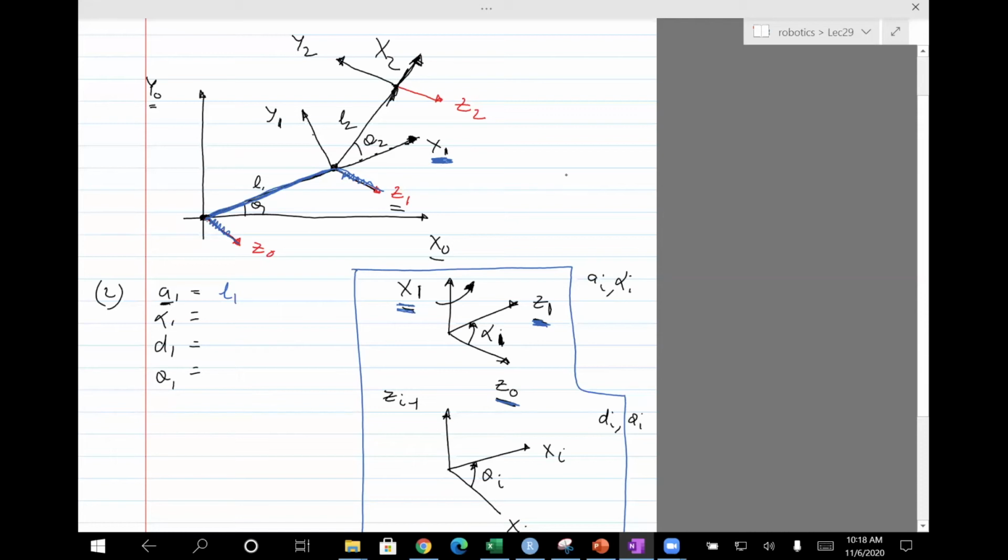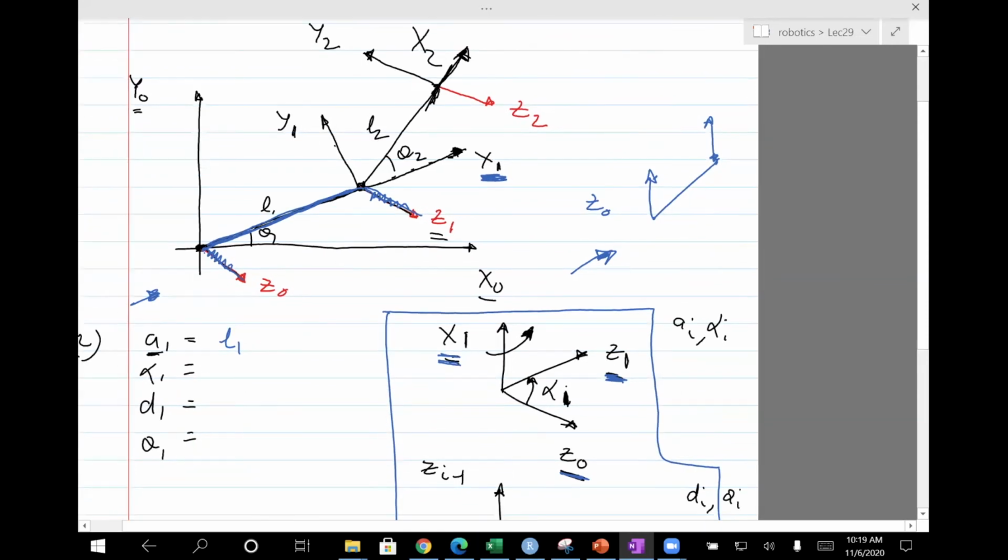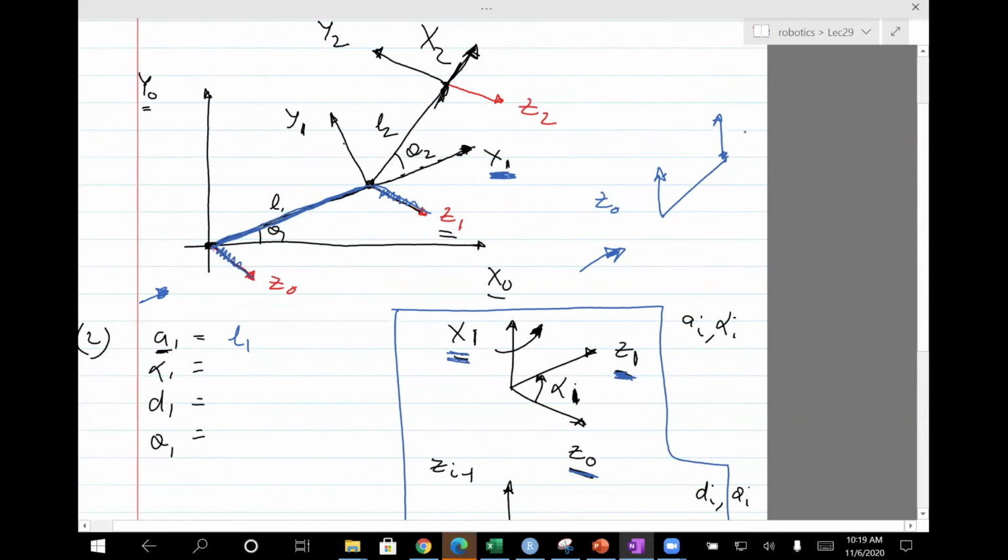If you look at the figure from here, z0 is something like this, and z1 is parallel to it. I draw it this way, z0 is here, z1 is there, and I'm going to view it this way. So this is x1.